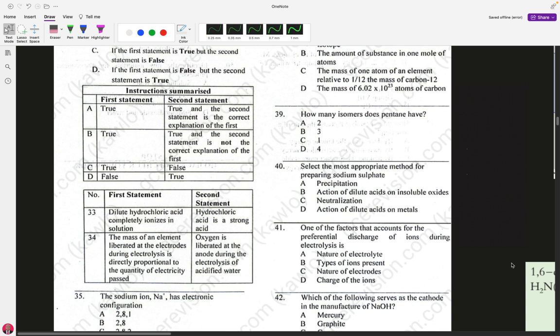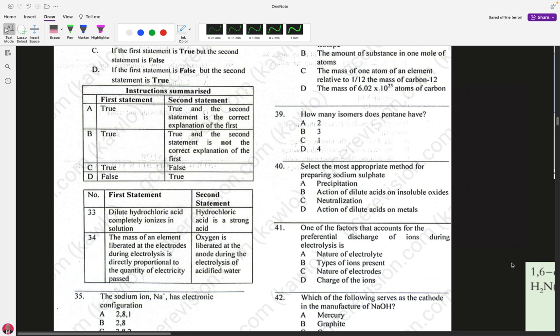Question number 33 reads: dilute hydrochloric acid completely ionizes in solution. That's the first statement. The second statement: hydrochloric acid is a strong acid. Yes, it is true.